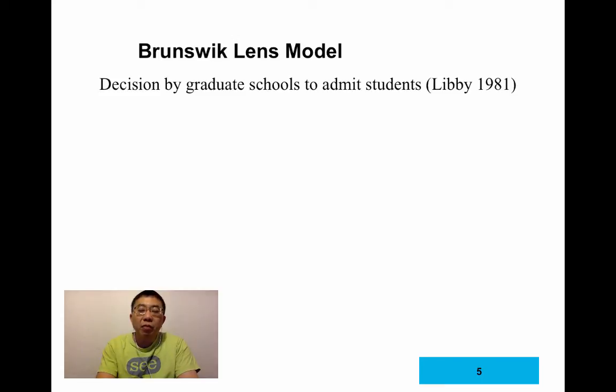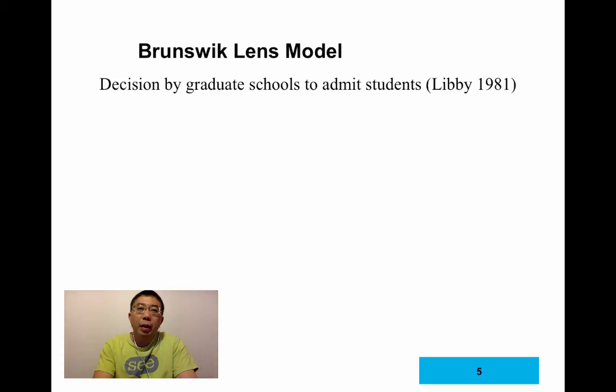This model, this framework, is called the Brunswick lens model. We'll describe it as it was applied in a different context, not necessarily accounting, but later on I'll tell you how it can be applied to accounting as well.